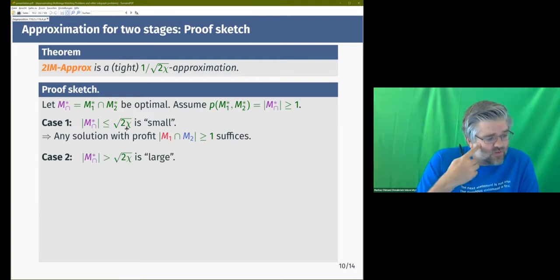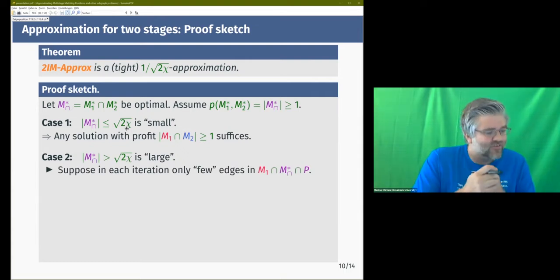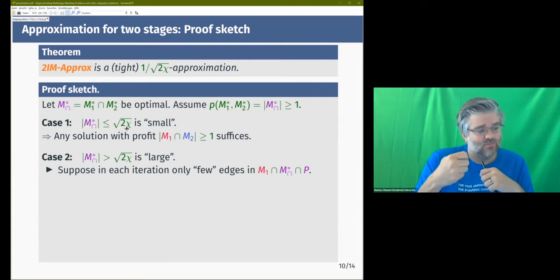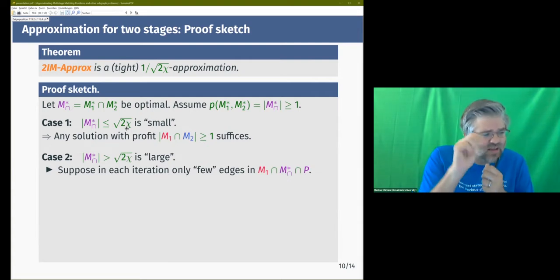So now we have to consider the case that the optimal solution is large. Well, if the optimal solution is large, but our algorithm does not find it, then that means that in each iteration, the algorithm will just peel off few of the optimal edges to its set M1.